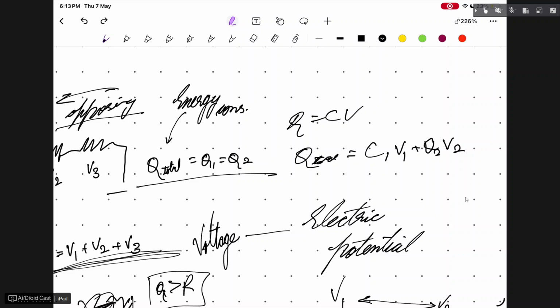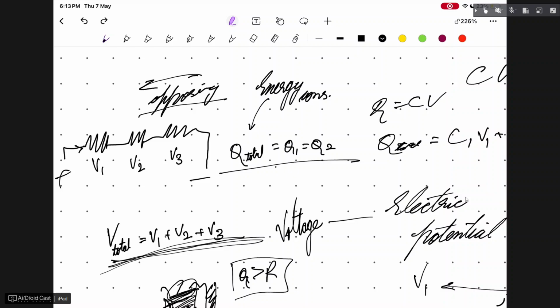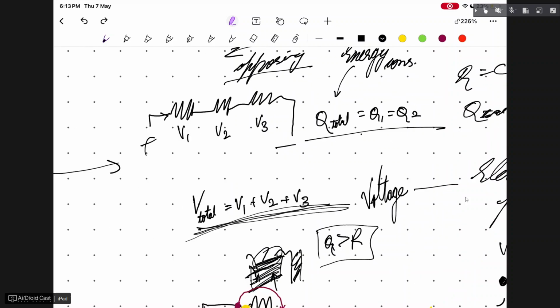We have to find the relation between C and D. So C is inversely proportional to D. If you are going with this relation, then C total equals 1 by C1 plus 1 by C2 plus 1 by C3.